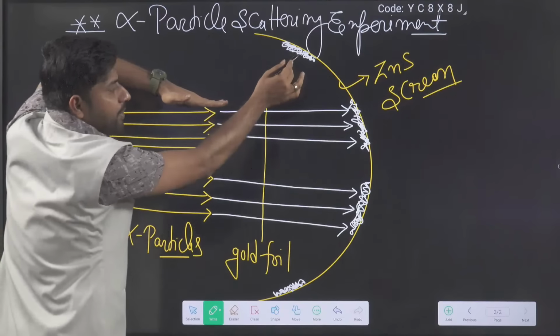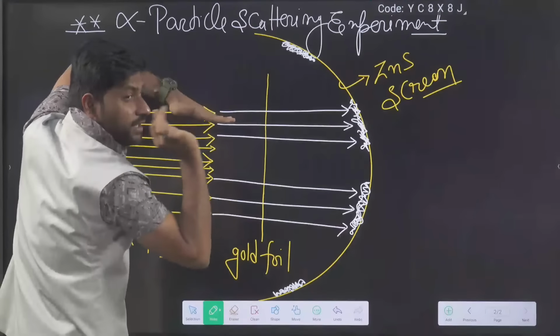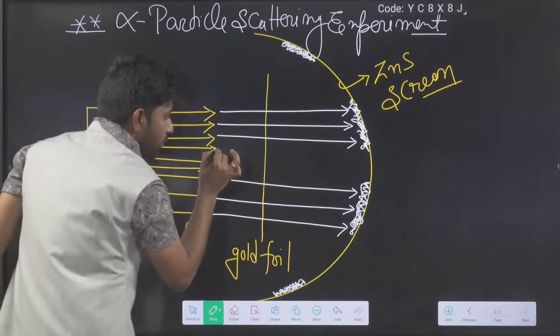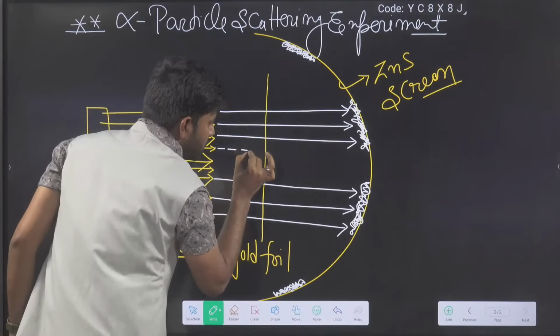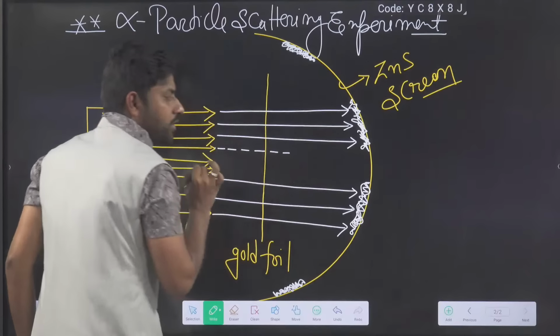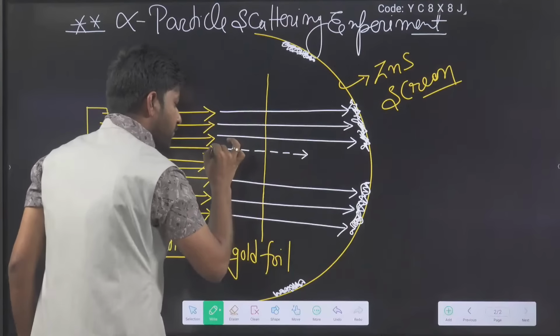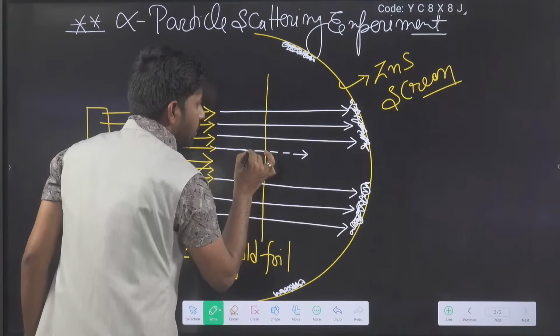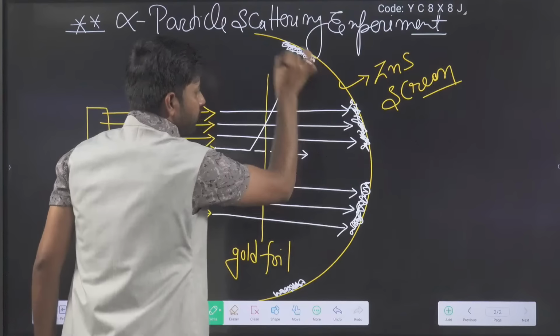If any alpha particle hit this side, it means a few alpha particles which should go straight did not, they deviated and hit here.